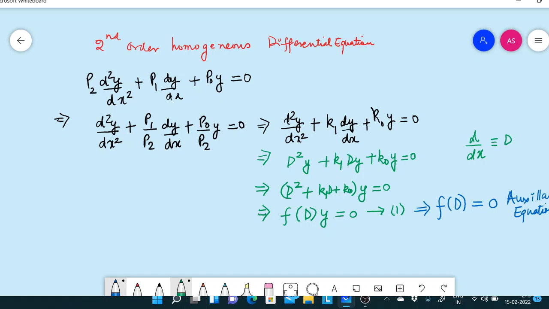Auxiliary equation is a second order equation, or a quadratic equation, so it will have two roots. Let us denote those roots by small m1 and m2.